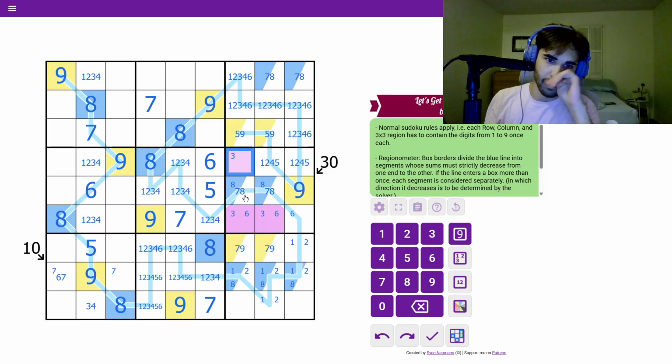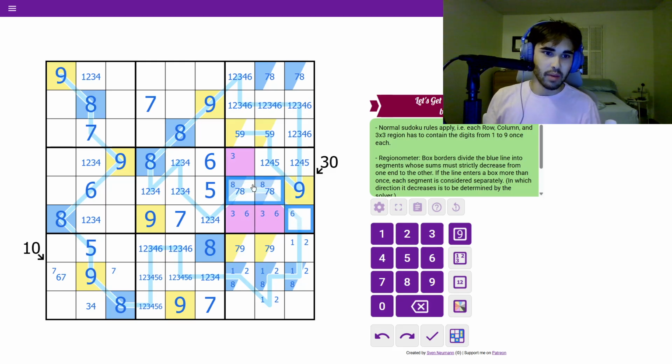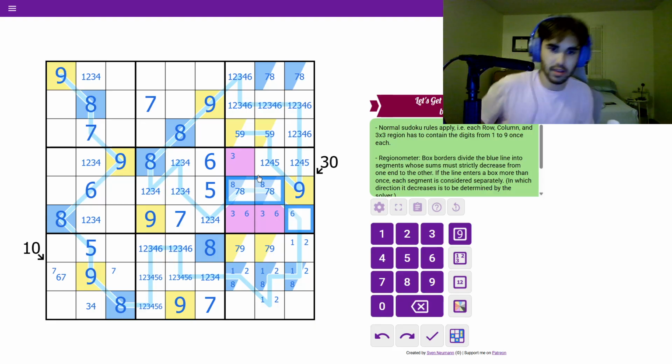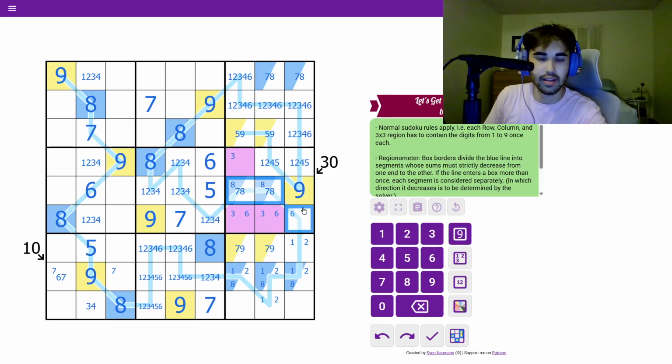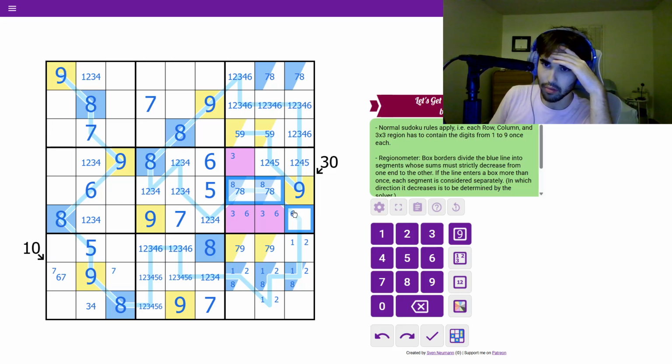I don't know which one to think about first, this one or this one. Maybe I could do the blue line since I just can make that easier. Or I could do the segment since that's part of the rule set. So 8 must go on the 19 line. So what are the ways? It's like I need to write this down because my little brain can't handle this. So you can't do 8, 3 to get to 11 anymore.